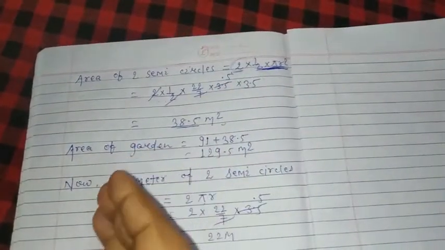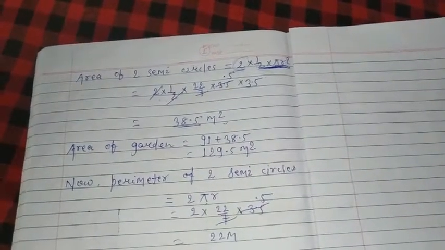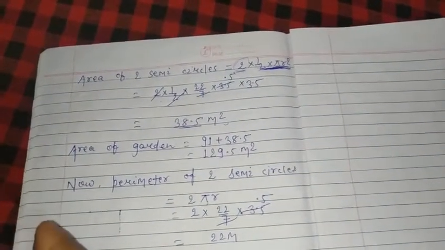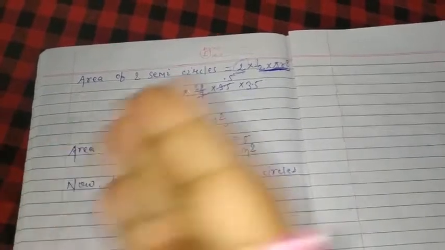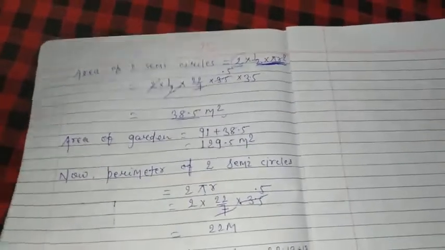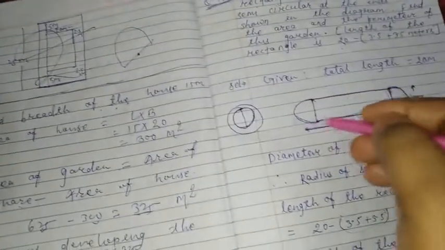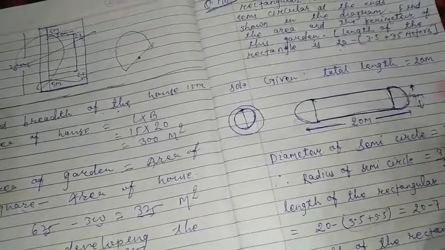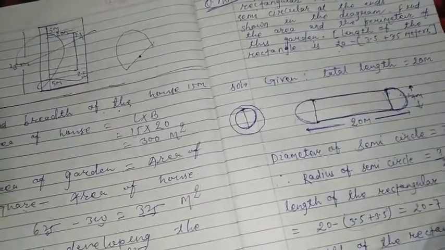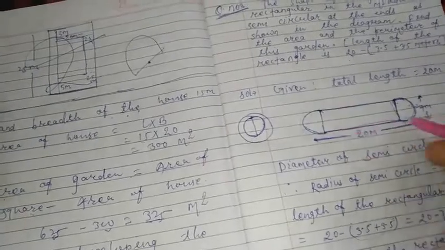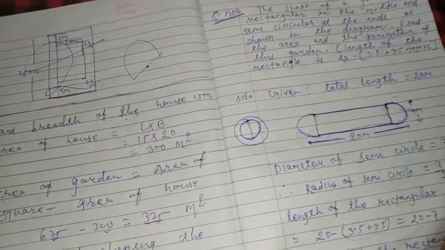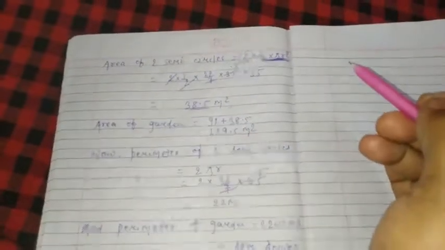Now, according to the question, we have to find the area of the total garden. So the garden includes these 2 semicircles and the rectangle also, and we have found the area of the rectangle and the total area of the circle. So now we can add these two areas.